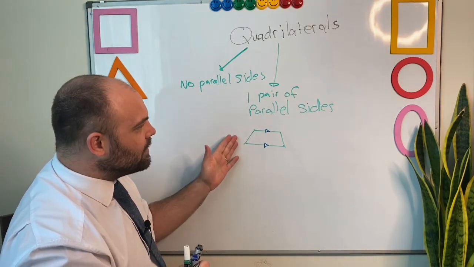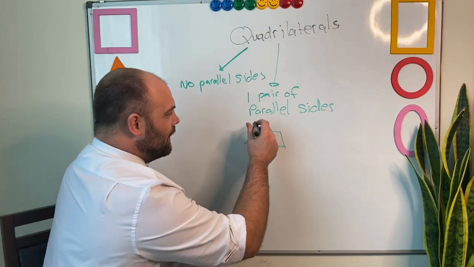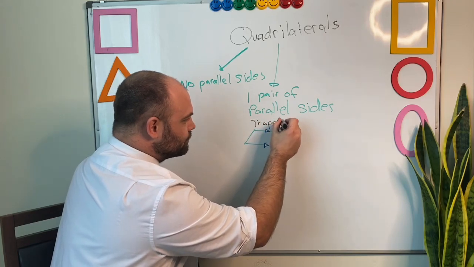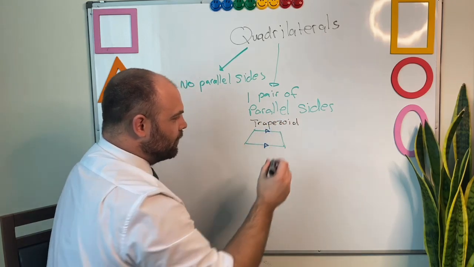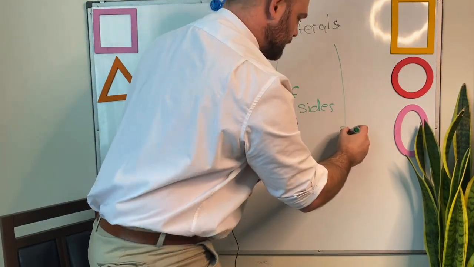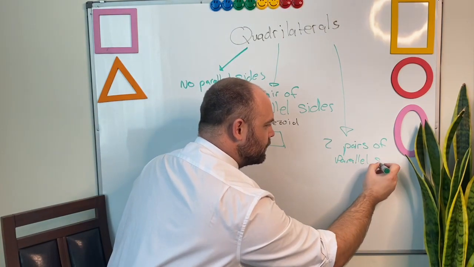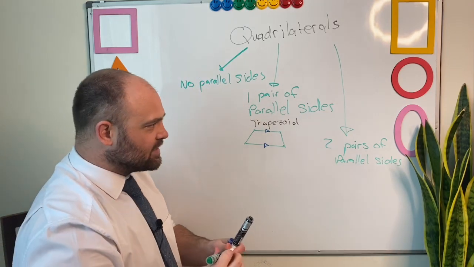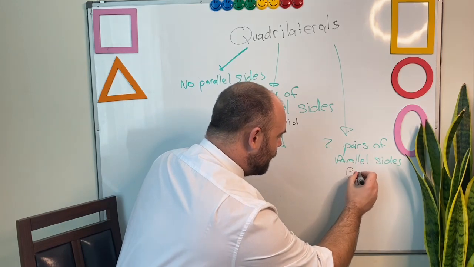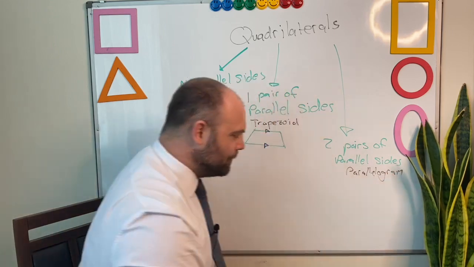So this has got one pair of parallel sides, and we know the name for that is a trapezoid. Okay, and if it has two pairs of parallel sides, then it is called a parallelogram.